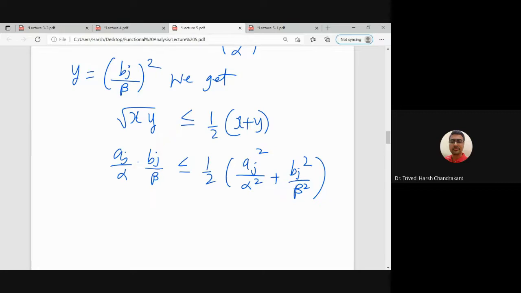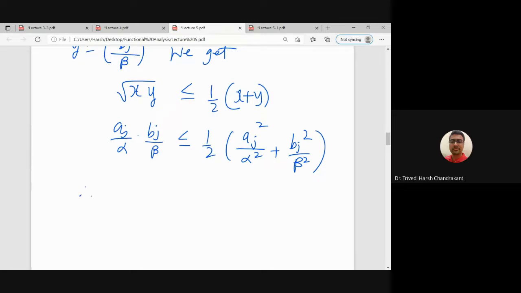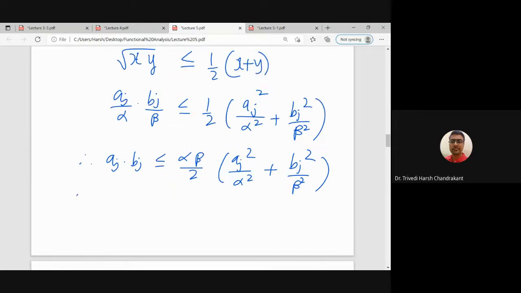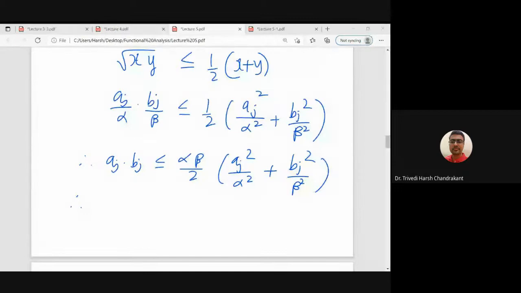Now if we multiply alpha beta on the other side, we get aj bj less than or equal to alpha beta by 2 times aj square upon alpha square plus bj square upon beta square, and this is true for all j between 1 and n.